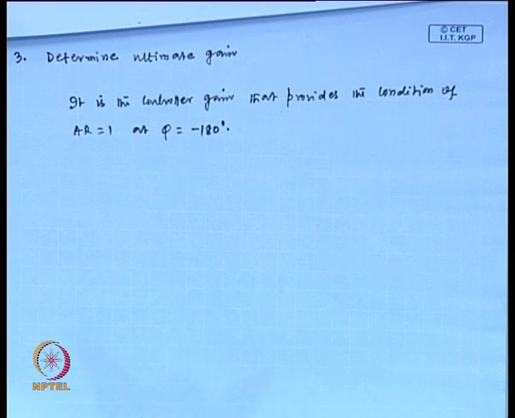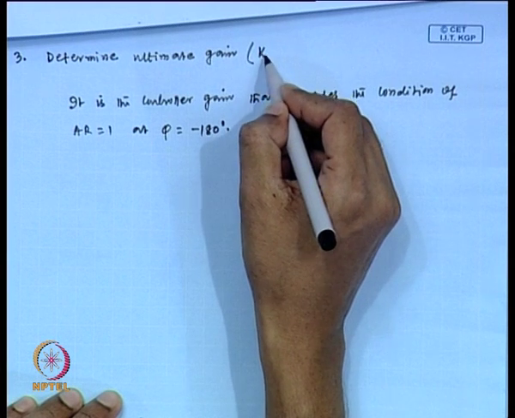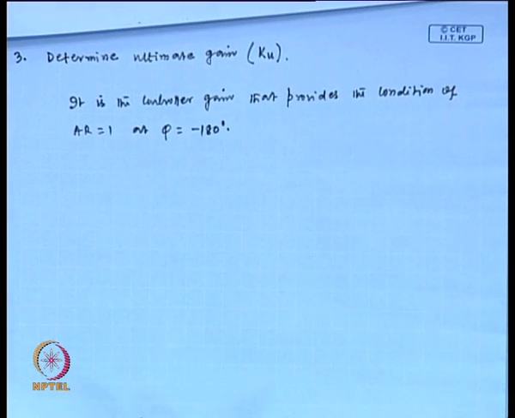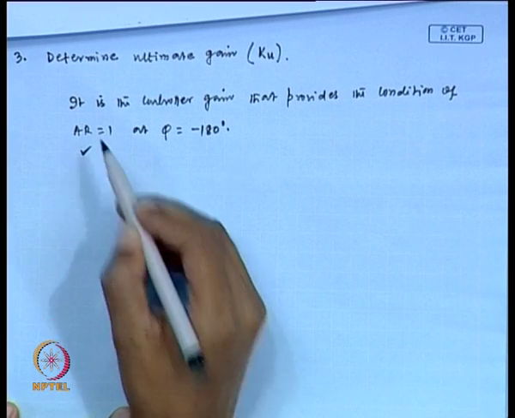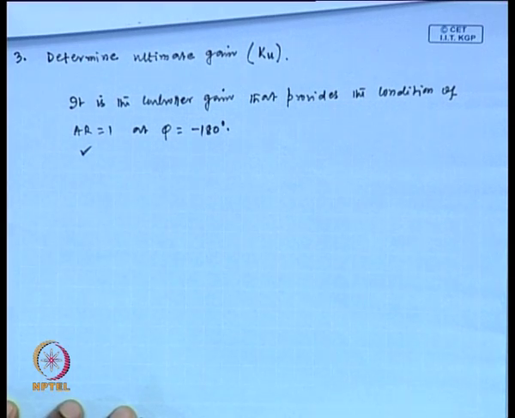We can say that the value of Kc at which we obtain sustained oscillation, and this is represented by Ku. Ku is the value of Kc at which we obtain sustained oscillation, and this corresponds to the condition of amplitude ratio equal to 1 at phi equal to minus 180 degree.